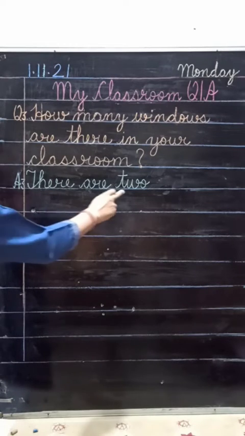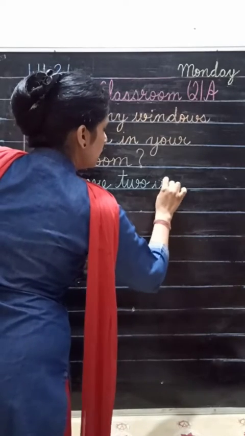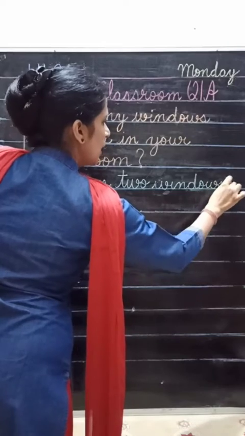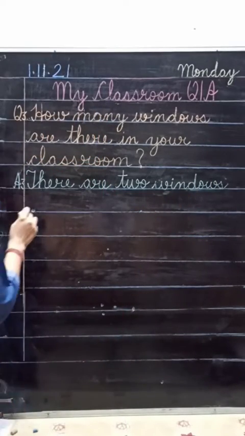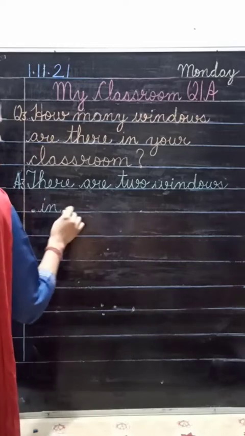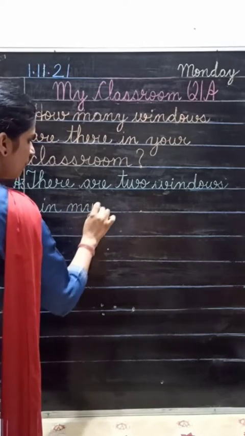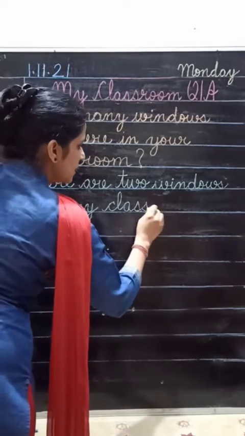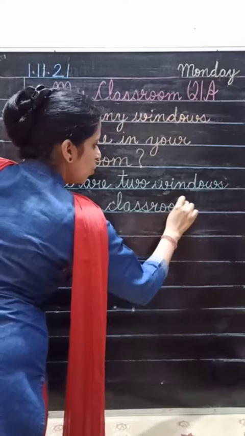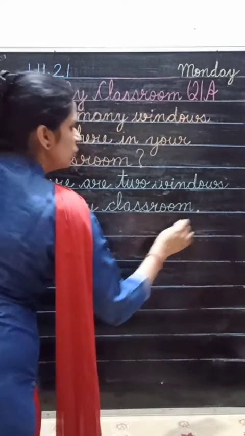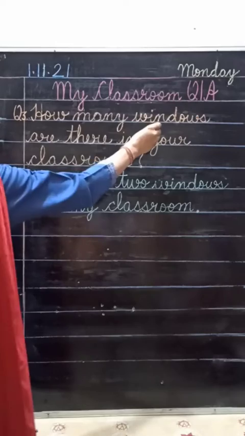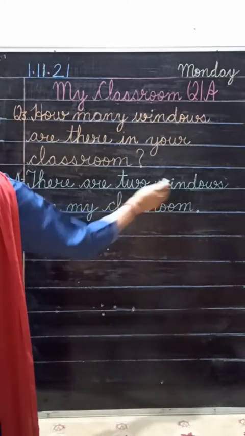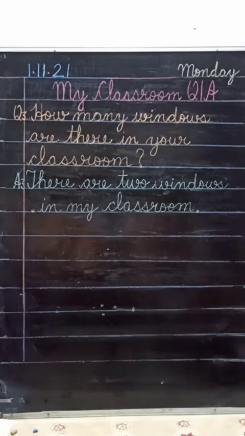Okay, there are 2 windows, W-I-N-D-O-W-S, windows, in, I-N, my, M-Y, classroom, C-L-A-S-S-R-O-O-M, classroom, full stop. There are 2 windows in my classroom.